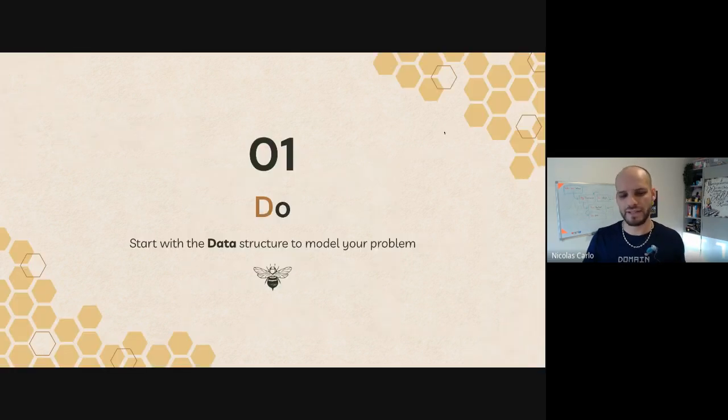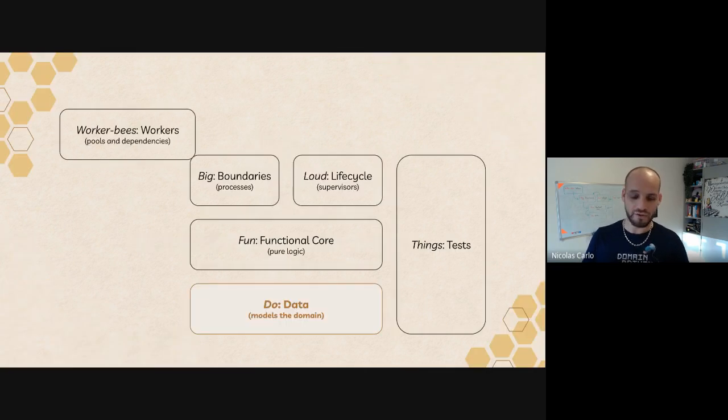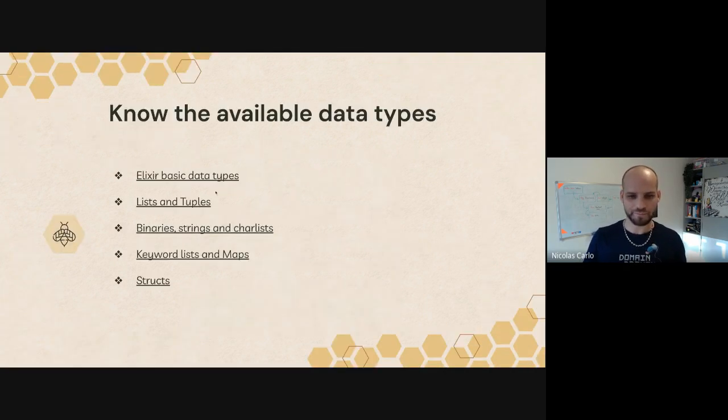First part, the data structure. We're going to see the code soon, but it's actually part of the functional core. The idea here, the suggestion, is to start thinking about your domain in terms of how you represent the data, because there are many ways to do it.